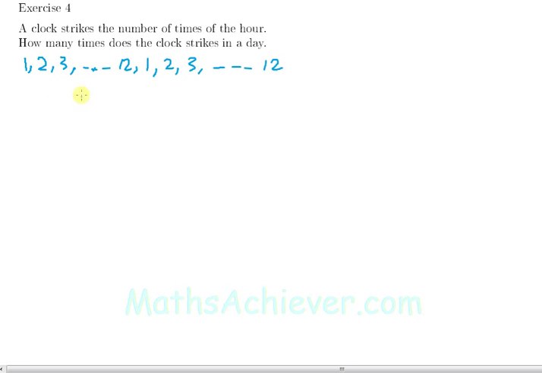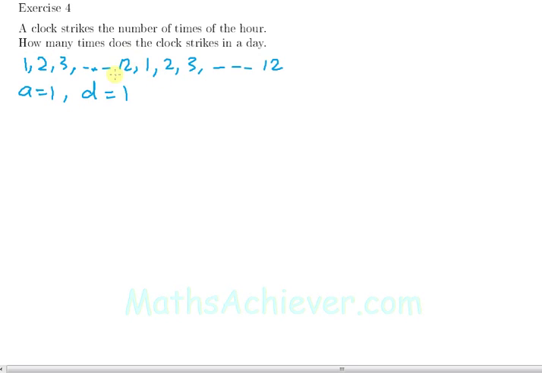Now, in order to find the sum of these terms, we can find out based on this information here. We know that A is 1. We know that D is also 1, because the hour increases by 1 every time.